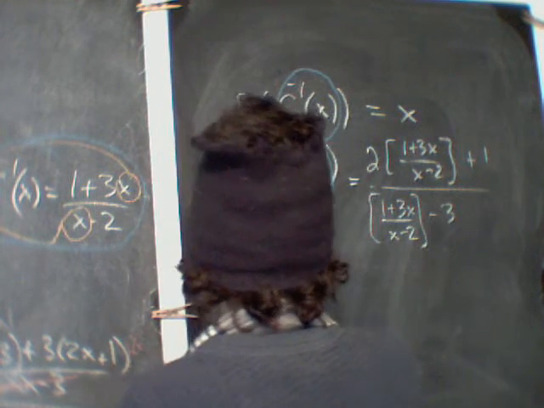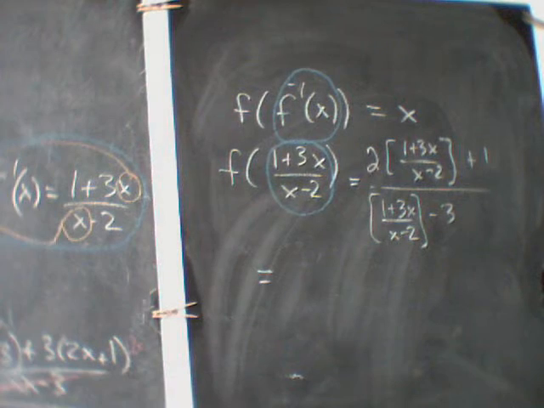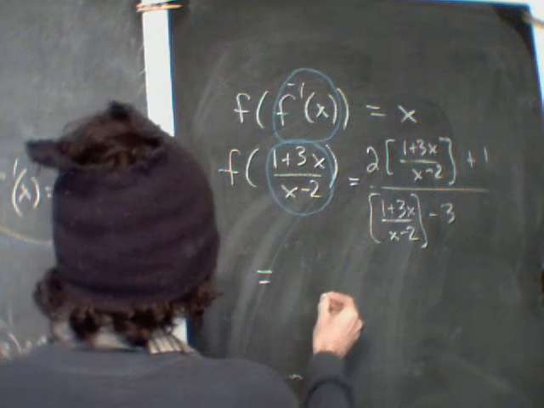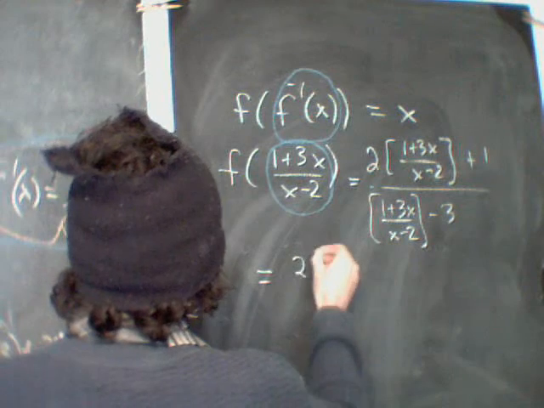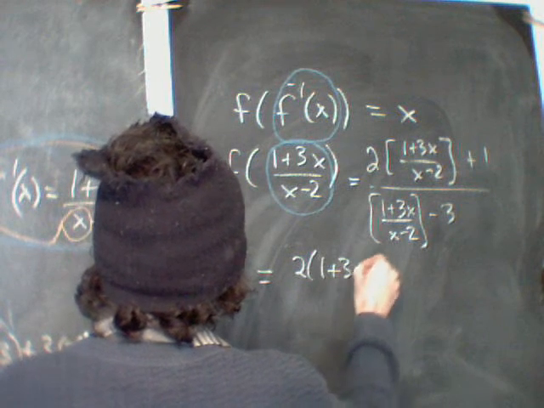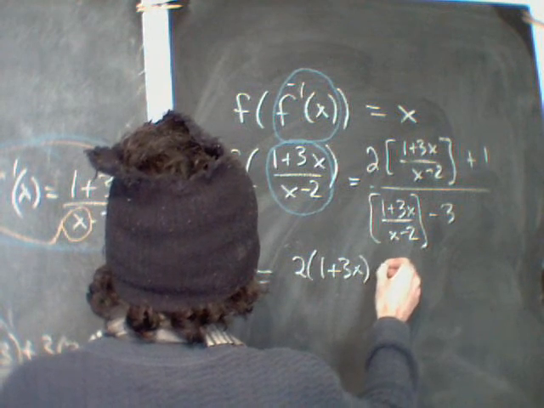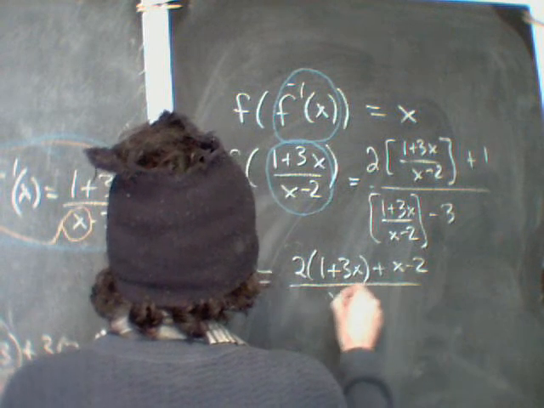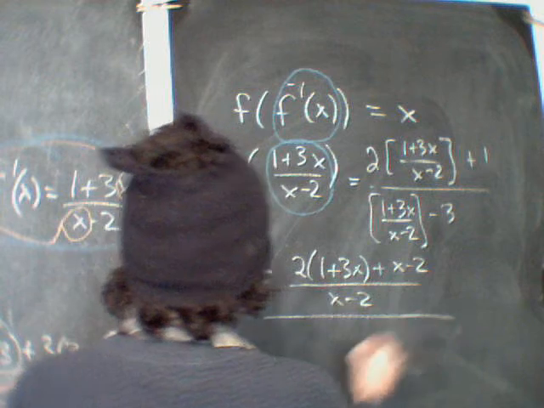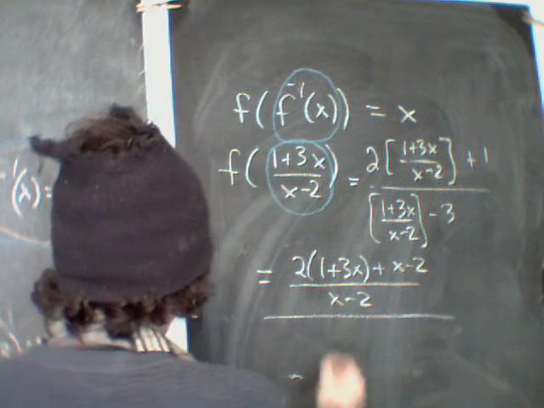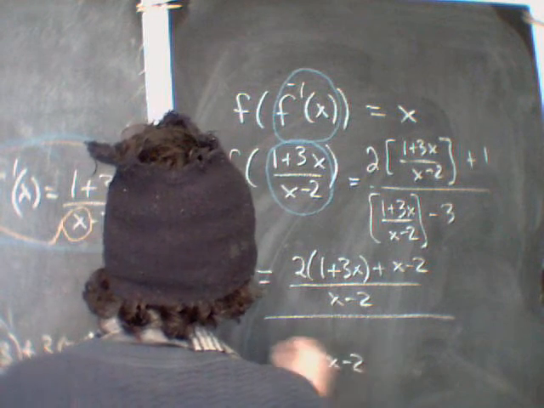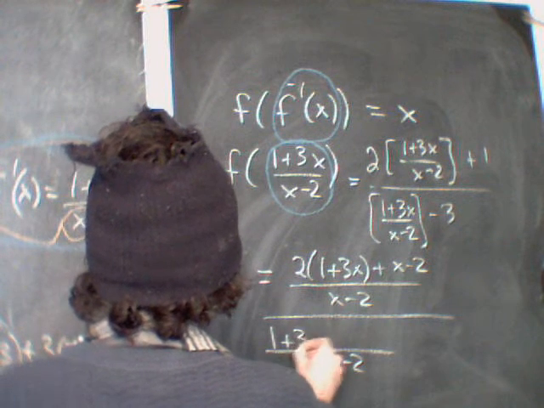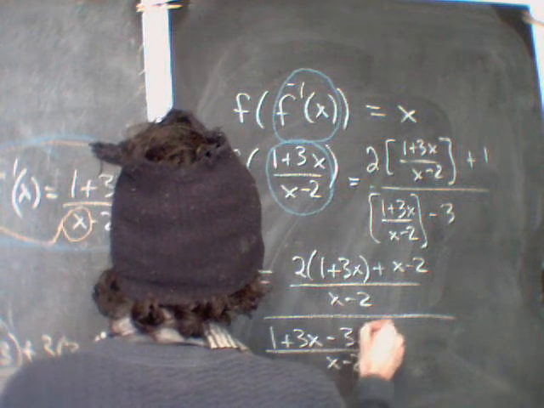Now we want to see that comes out to be x, but that's getting a common denominator. We get 2 times (1 + 3x) plus x minus 2, over x minus 2, divided by, same thing on the bottom, we just get a common denominator, and we get 1 plus 3x minus 3 times (x - 2).